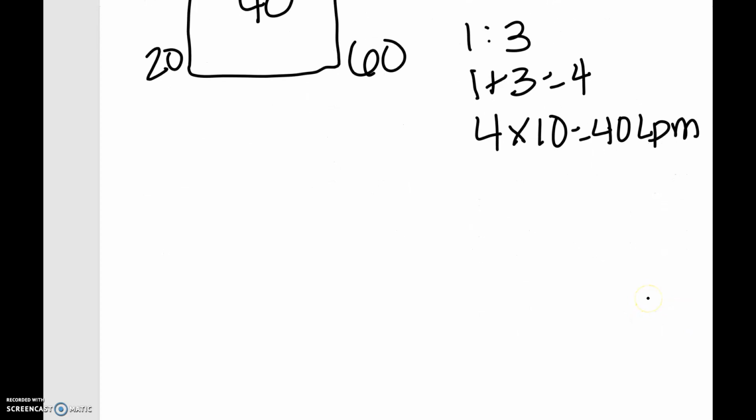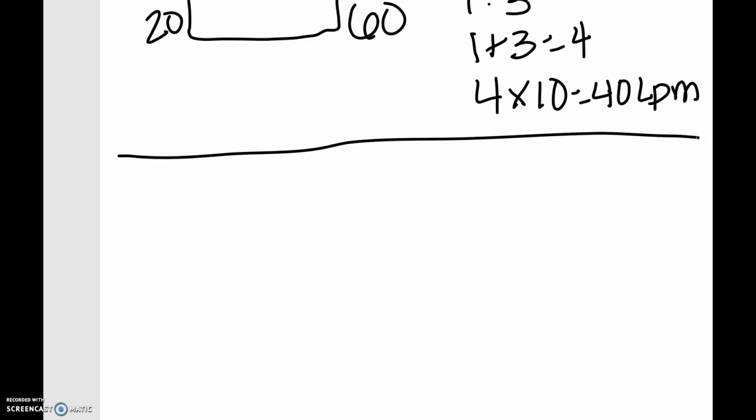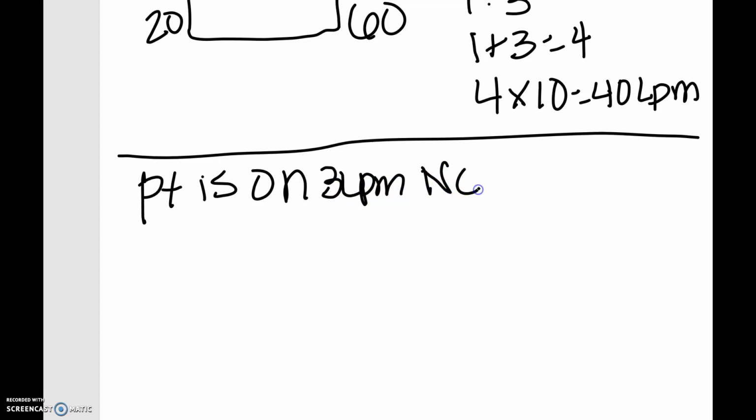Now, I think your other question was asking maybe when you're going from a percentage to maybe a nasal cannula. So let's say our patient is on a 3 liters per minute nasal cannula.